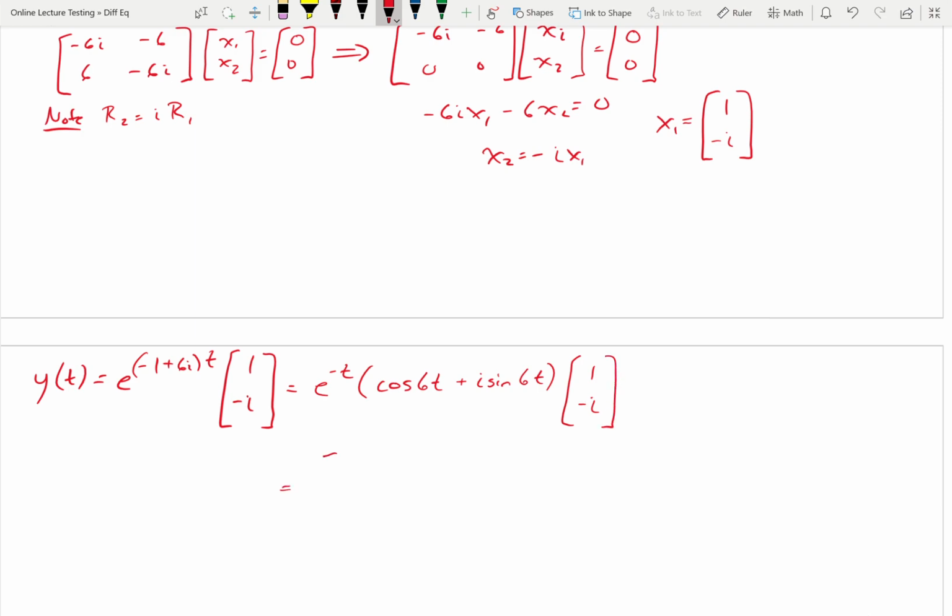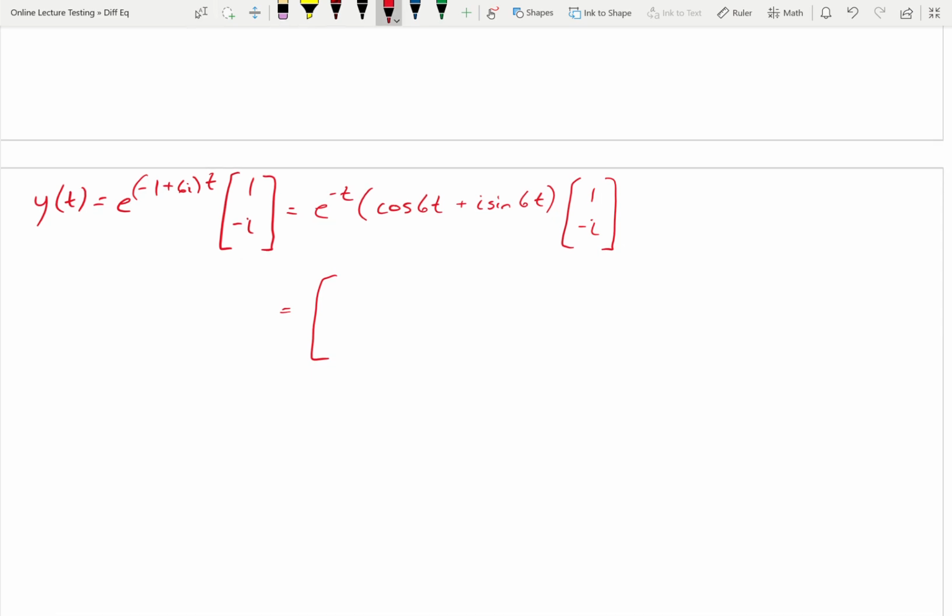All right, when multiplying that, we are going to get the following. e to the -t cosine of 6t plus i, whoops, I forgot my e, i e to the -t sine of 6t. And then at the bottom, we're going to get -i e to the -t cosine of 6t plus e to the -t sine of 6t.